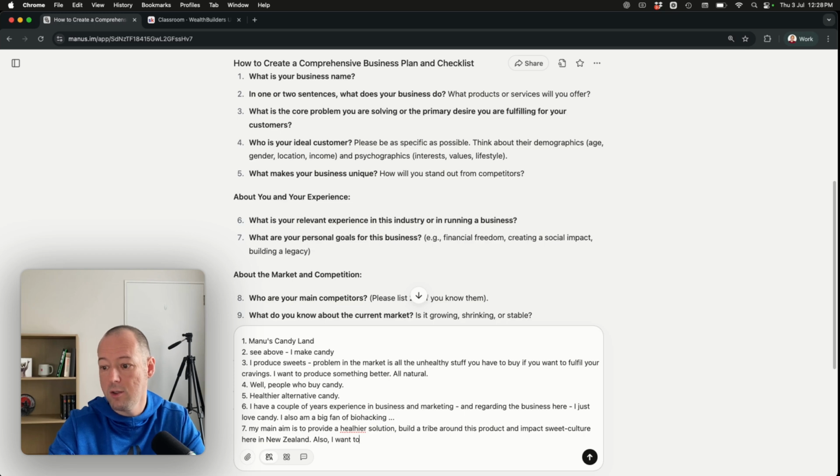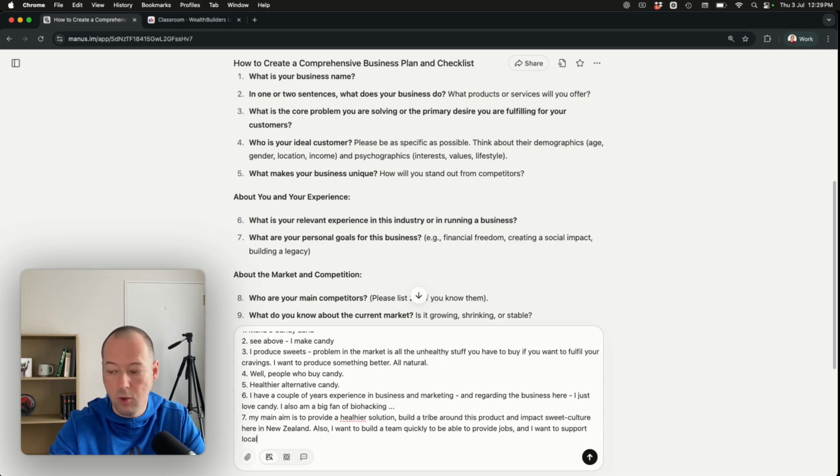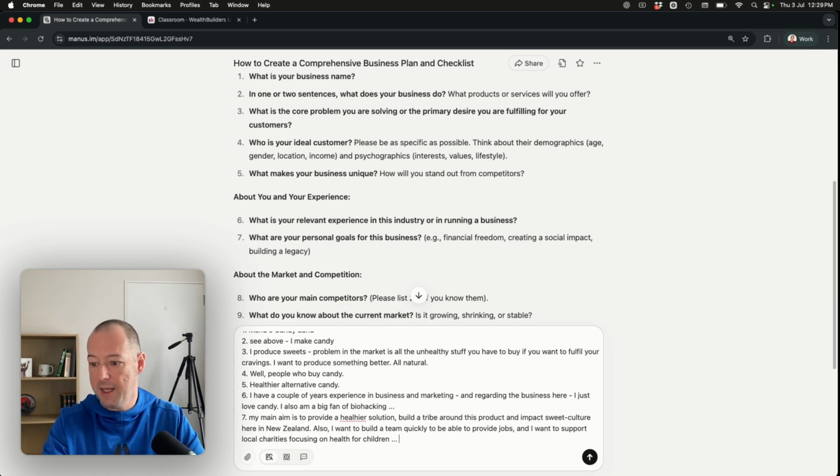Also, I want to build a team quickly to be able to provide jobs, and I want to support local charities focusing on health for children, because they've got their whole life ahead of them, so they need to be healthy right up front.